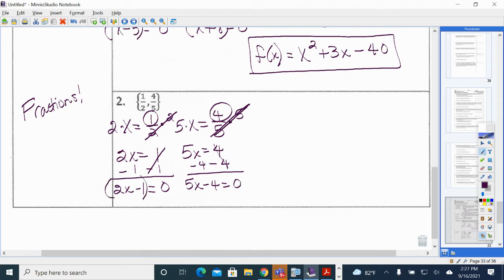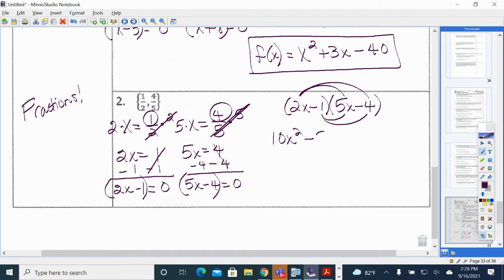Again, we're going to take these two factors and we're going to multiply them together. So 2x minus 1 times 5x minus 4. Using the distributive property, take the 2x times both and the -1 times both. So 2x times 5x is 10x squared. 2x times a -4 is a -8x. -1 times 5x is a -5x.